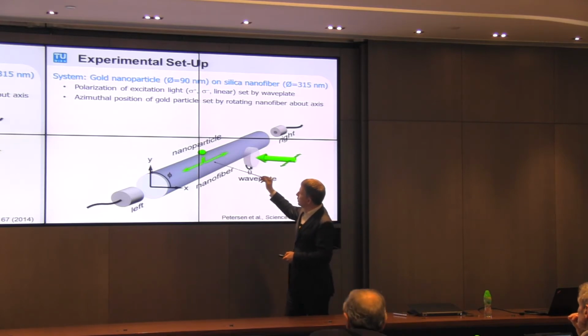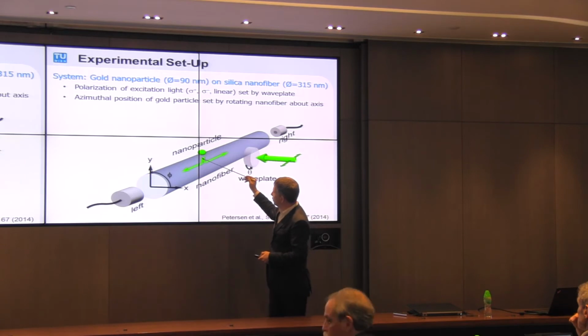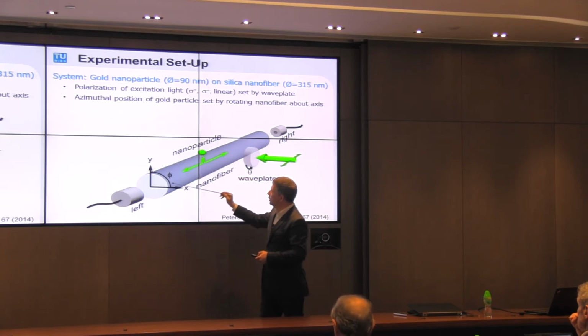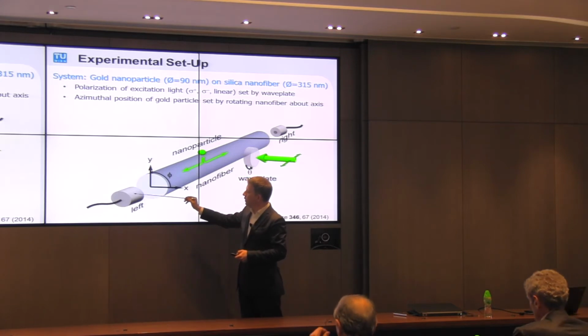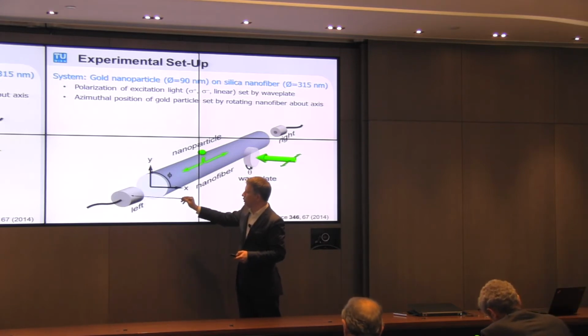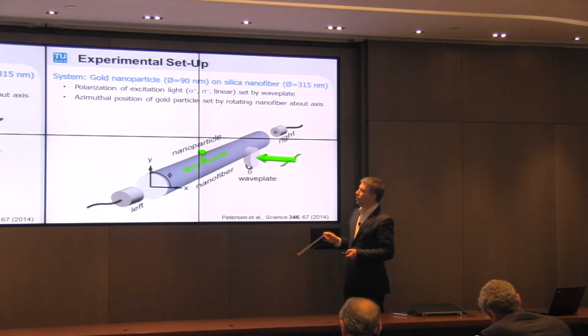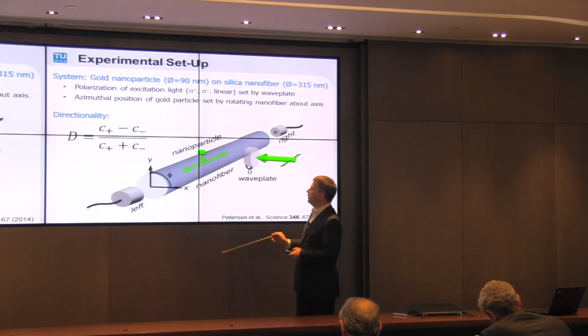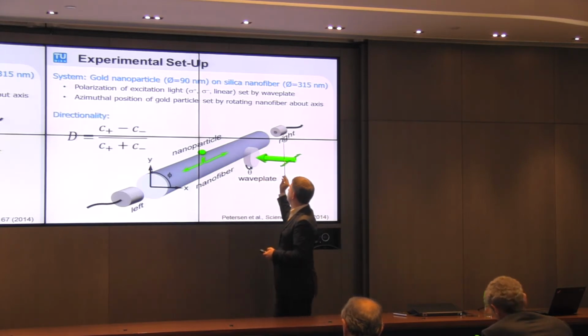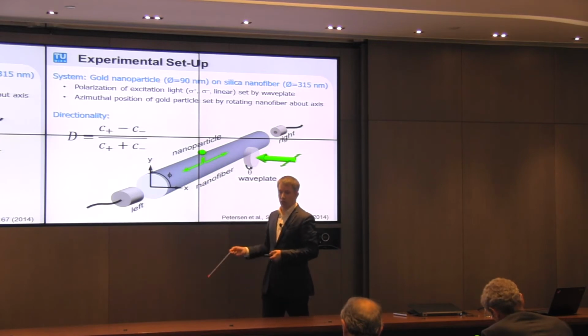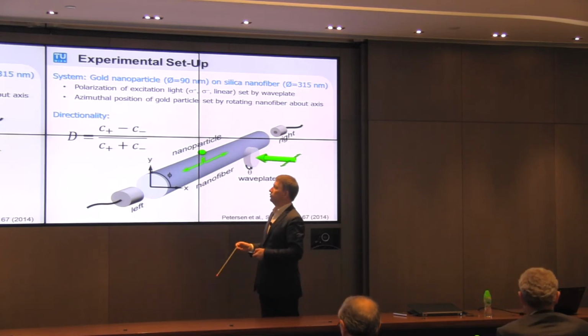And then what we record is the flux of photons coupled into the nanofiber and which exits our fiber. And we detect this flux with two photon counting modules, which I just call left and right detector in the following. And I can now define a quantity which you would refer to as directionality, which is simply the difference between the count rates between the left and right detector normalized to the sum of the two count rates.